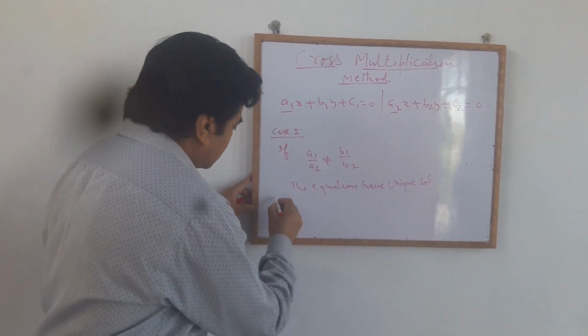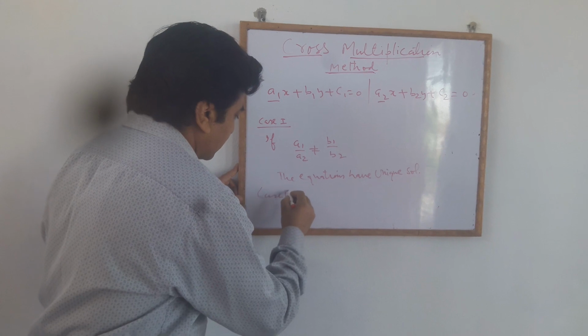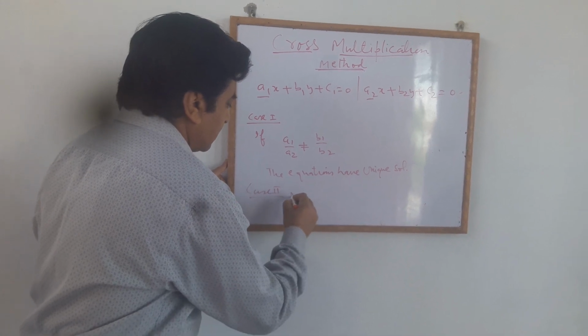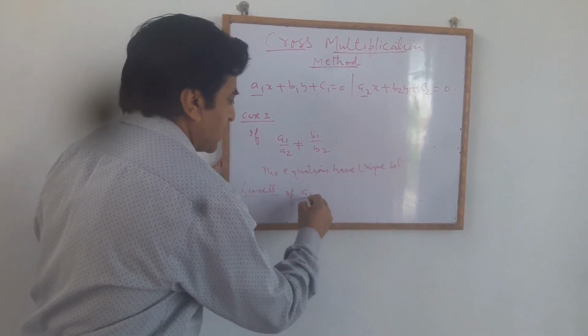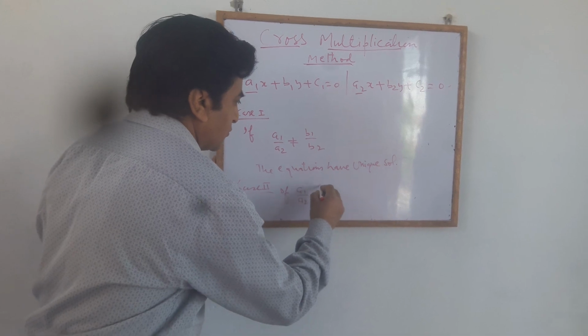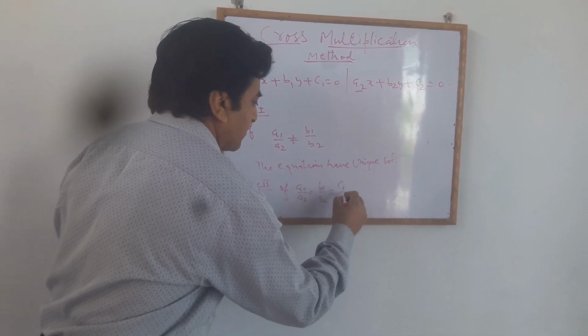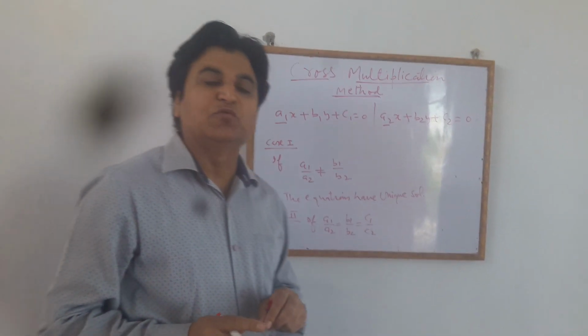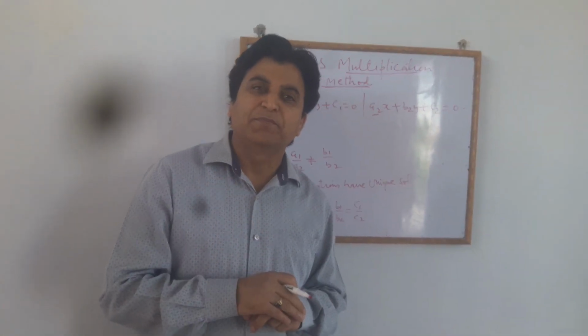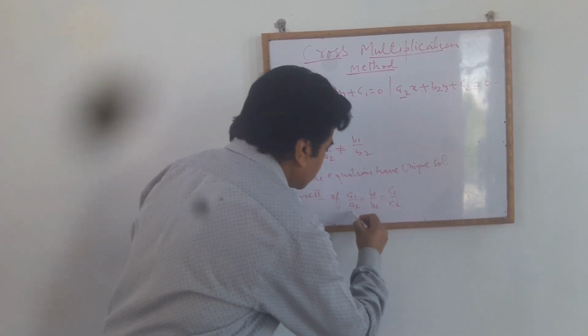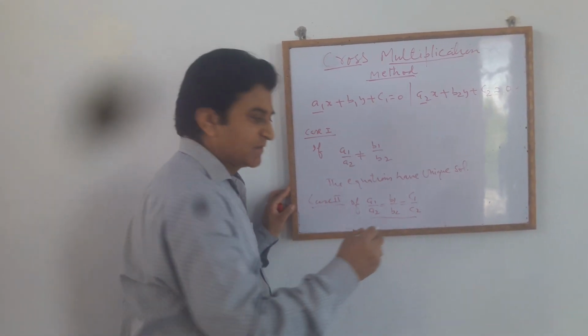And case 2: if a1 upon a2 is equal to b1 upon b2 is equal to c1 upon c2, then which type of solutions do these equations have? Then these equations have many solutions.